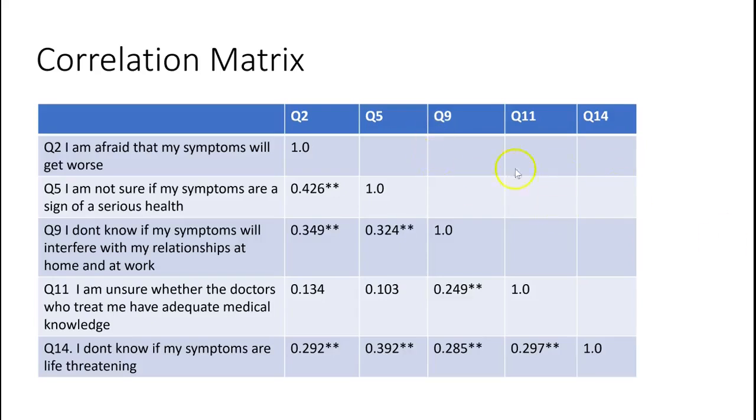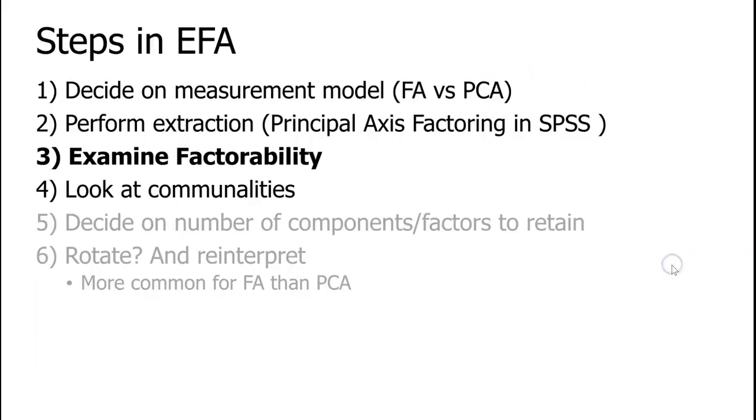Okay, so that's the overview. We're going to walk through the steps of an exploratory factor analysis using a true factor analytic model. And we've already done the first 2, because number 1 is to decide which approach you want to use with your data, factor analysis versus principal components. And then in terms of doing the analysis, the next thing is to perform the extraction, the factor extraction or the component extraction.